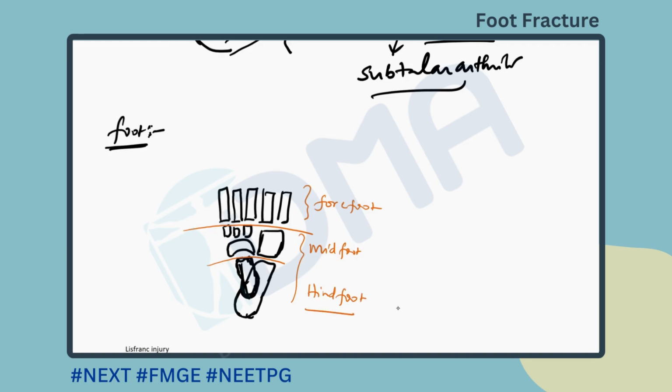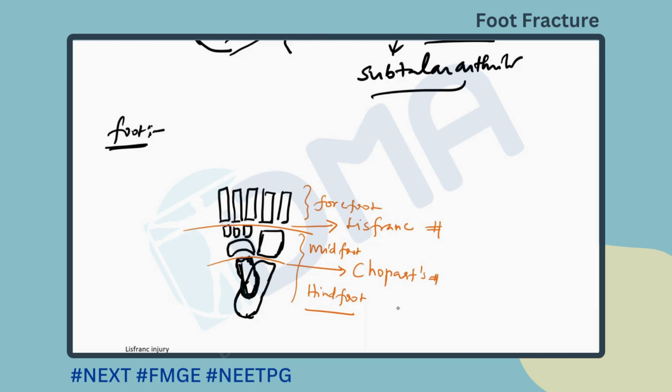Now, please remember, a fracture which happens between the forefoot and midfoot, that is at the tarso-metatarsal junction, is called Lisfranc fracture. If a fracture occurs between midfoot and hindfoot, this fracture is called Chopart's fracture.